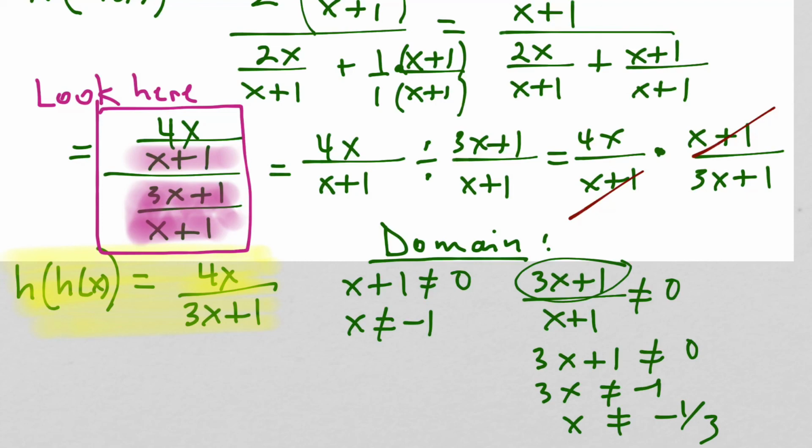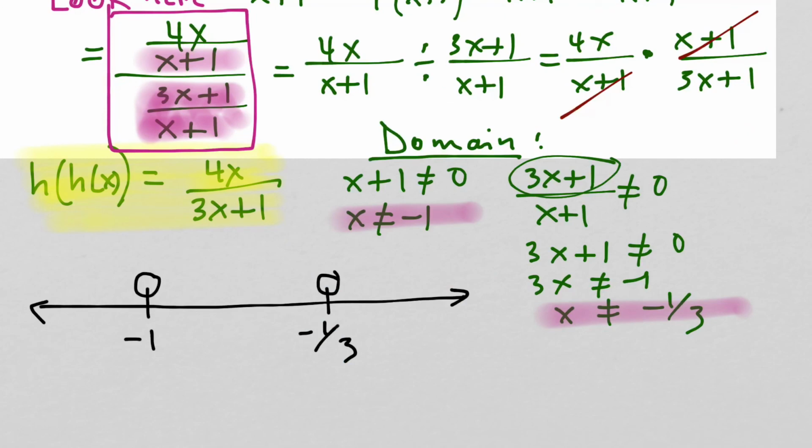I put those on a number line so we can draw our domain out a little easier. x can't be negative 1, and x can't be negative 1/3, so I'm going to put an open circle at each. But there are no restrictions on any of the other values in that range, or over here. So it's just two numbers taken out. This interval here is negative infinity, negative 1.